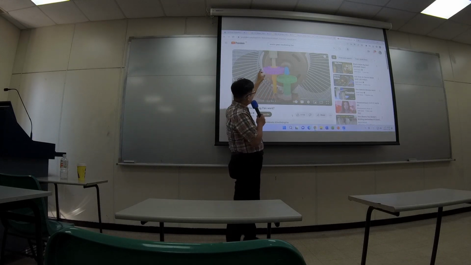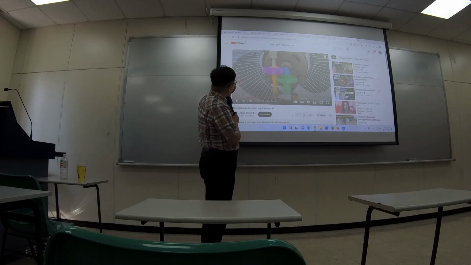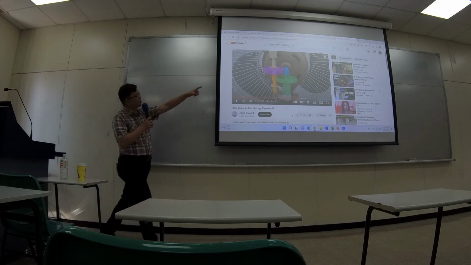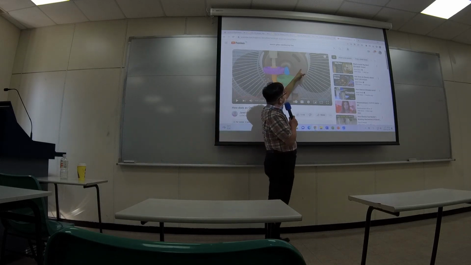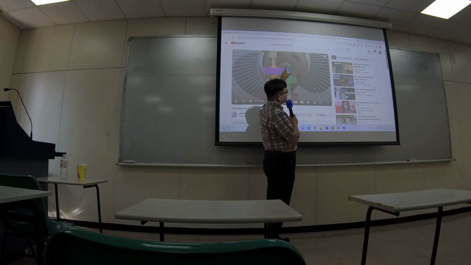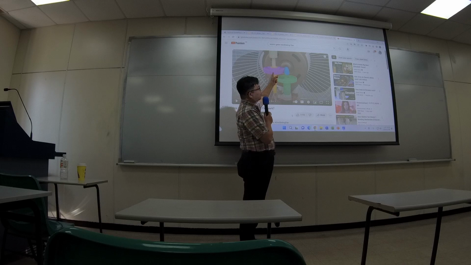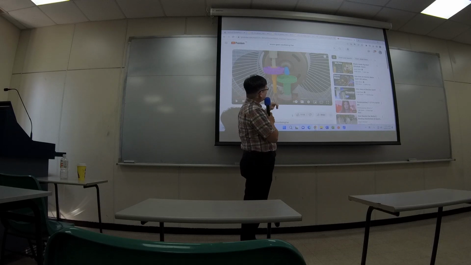So the motor is where? Motor is at the, let me see, where is the motor? Oh, this is the motor, right. This is the motor. And basically it's spinning the worm gear, so this purple gear spins as well.